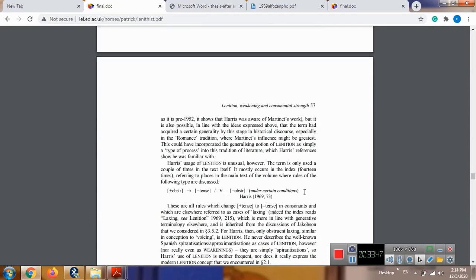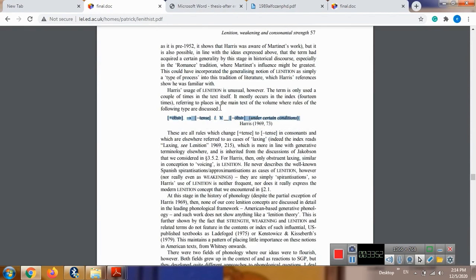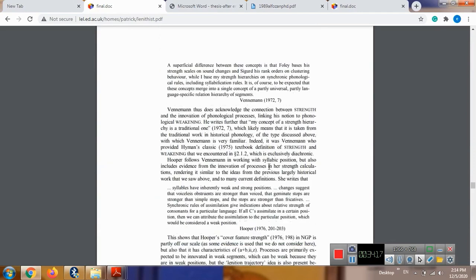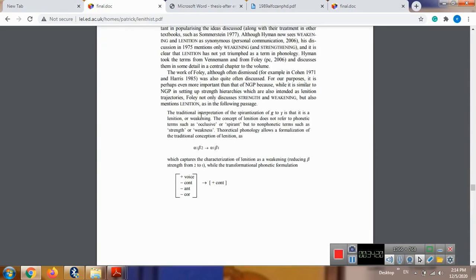Okay, here you can see the generative rules, which they write based on distinctive features. For example, an obstruent, which is a sound like p, becomes lenis, or minus tense. You should learn such rule writing, which we will teach you.